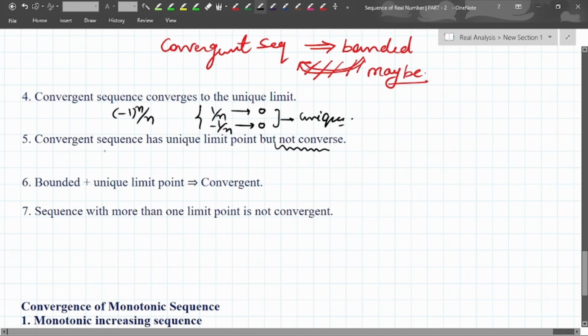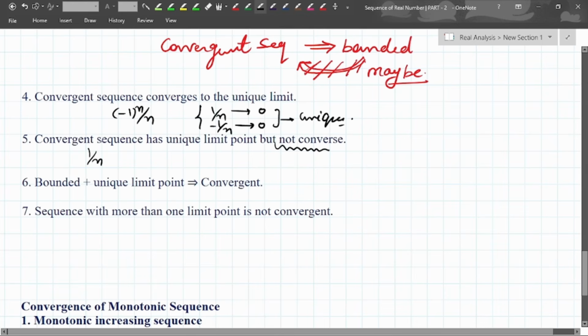It is saying that a convergent sequence has a unique limit point. For example, if I have the sequence 1 by n, what is its limit point?